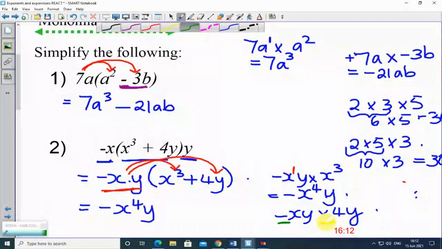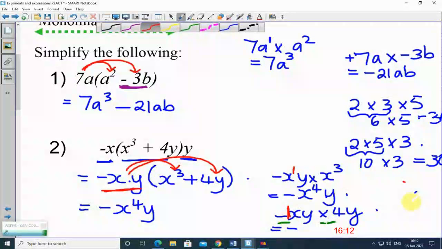So minus times a plus is a minus. 4 times, there's no other number, so we understand that there's a 1 sitting in front there.